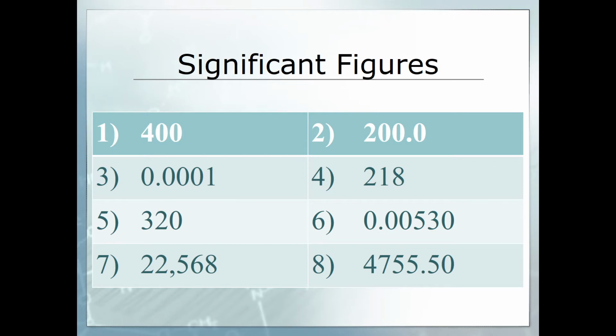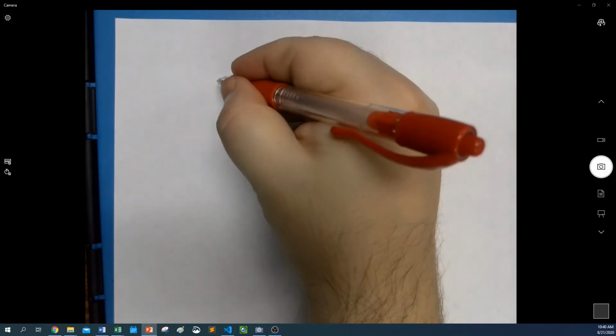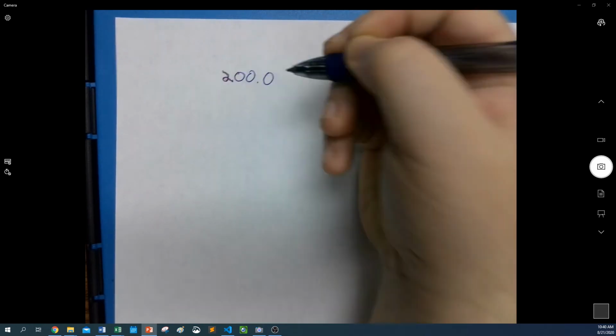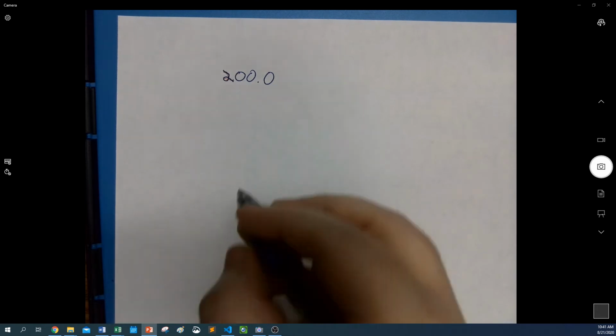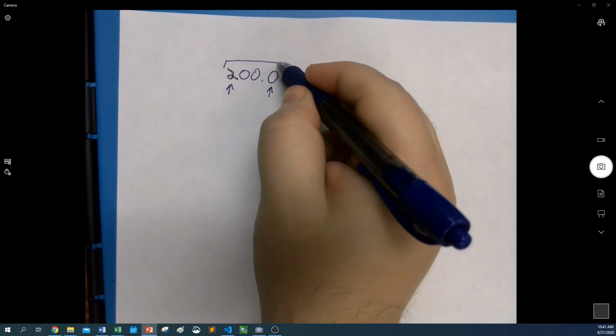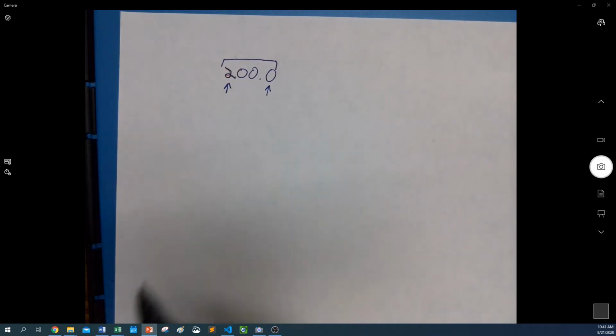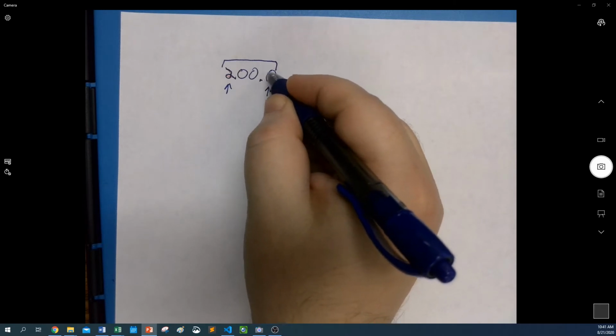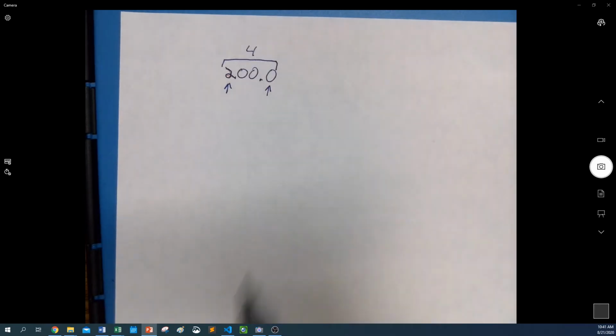So when doing these problems, what I suggest, so we have 200.0. Identify the first significant digit and then identify the last significant digit. Then count how many digits are between. So we always include zeros after the decimal point unless they are leading zeros. So here would be 4.